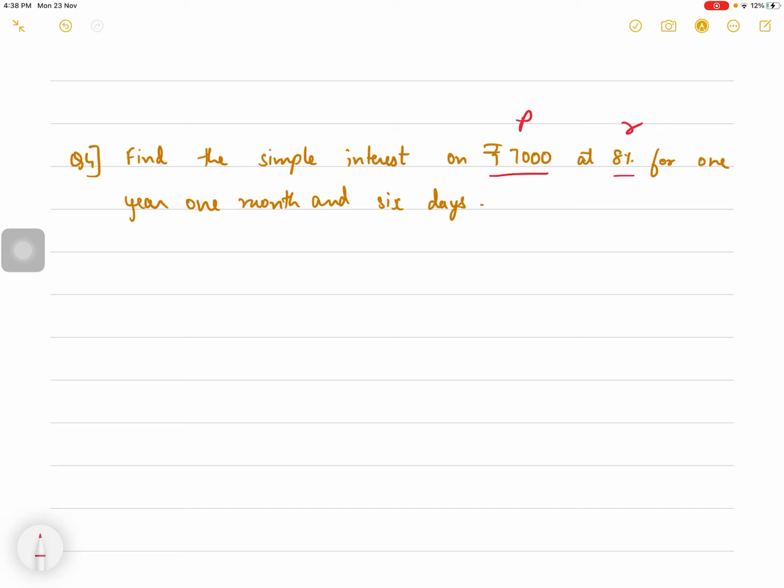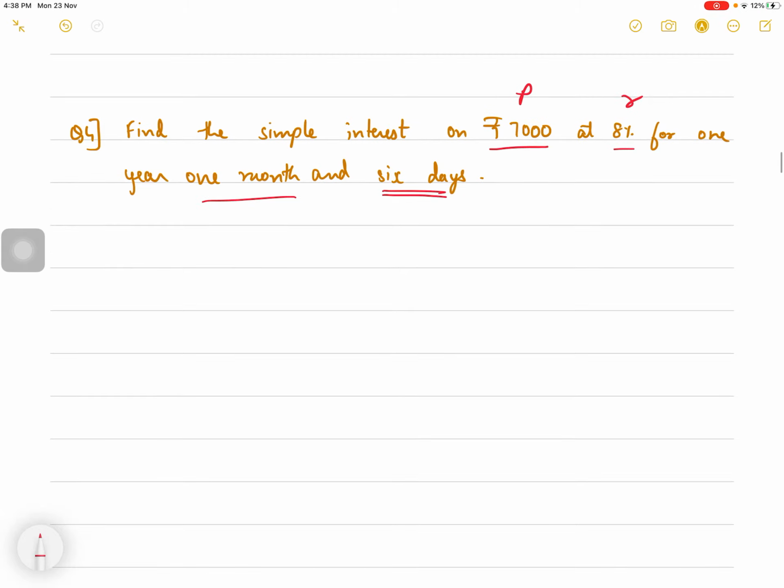Because there are days involved, convert 1 year also in days and 1 month also in days. So N is equal to 1 year plus 1 month plus 6 days. So 1 year is 365 days, 1 month is 30 days. Always assume a month as 30 days.